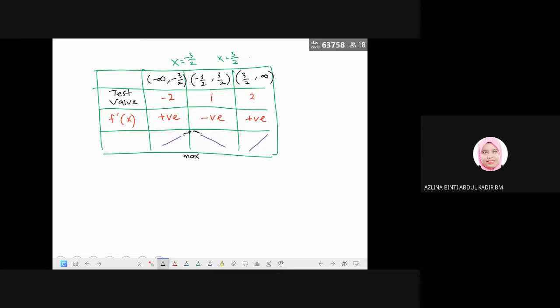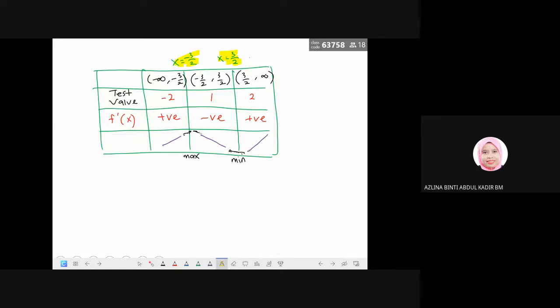Maximum point occur at x is equals to negative 3 over 2. And then from decreasing, the changes from decreasing to increasing, it occur a minimum point. So kat sini adalah minimum point at x is equals to 3 over 2.